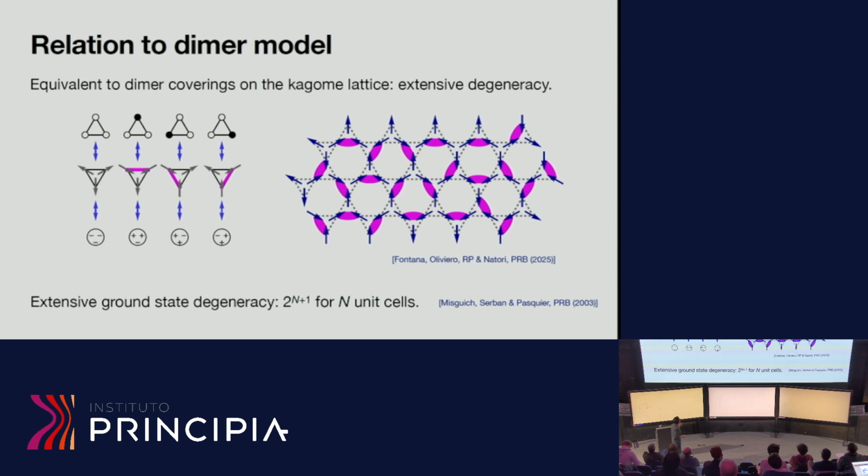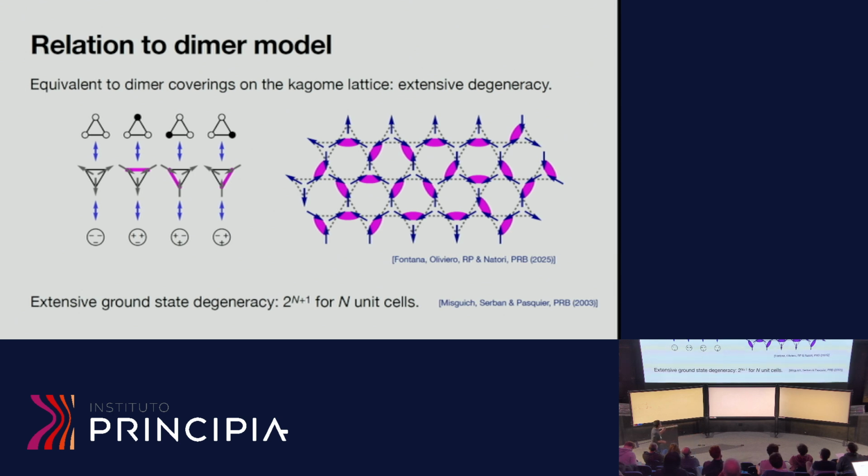Also, if you like, you can represent this in terms of arrows that point in when you have a dimer on a given bond. In this case, it looks like some kind of Kagome spin ice with these 4 states. And what I'm actually going to use is this representation here.